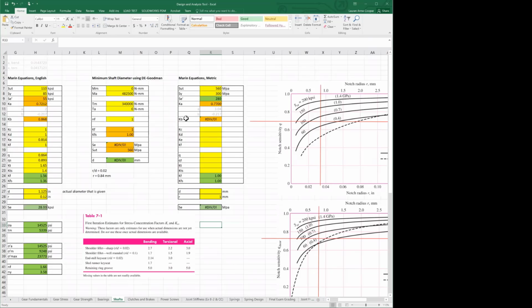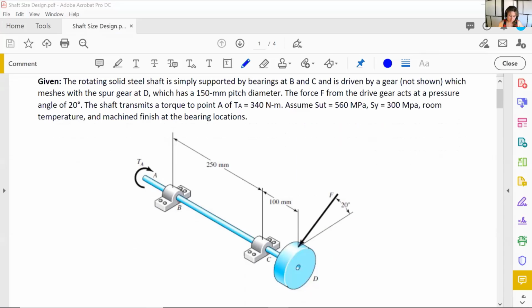Kb depends on the size of the shaft, and that's the first place where we actually have to make an educated guess and then iterate from there. So to make our educated guess for the diameter, which I have as an input down here, let's go back to our figure. So looking back at our initial figure, we have to guess a diameter.